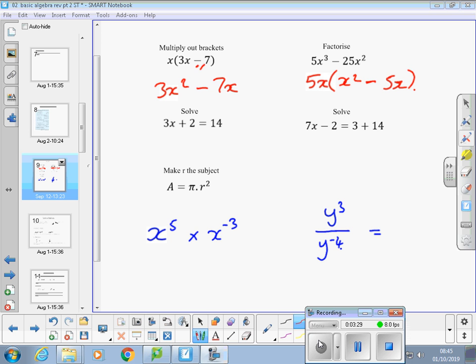You can take x squared out of the bracket.